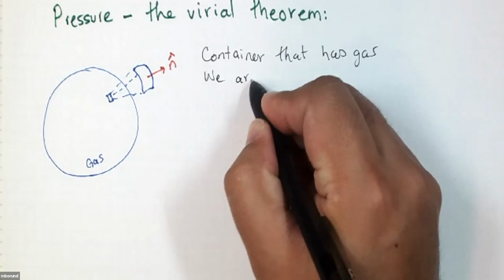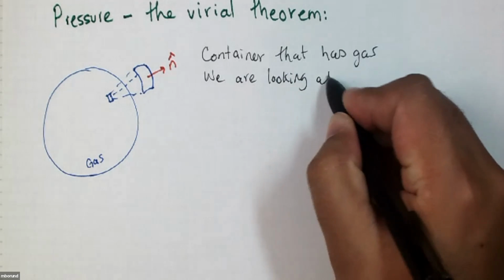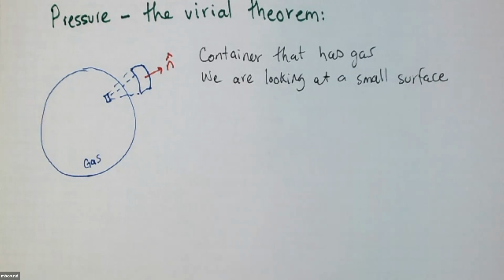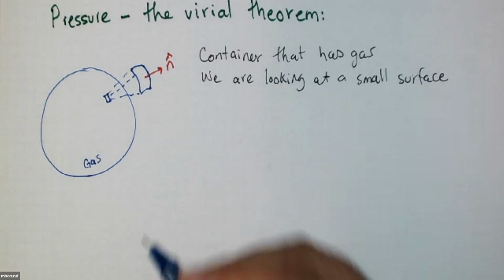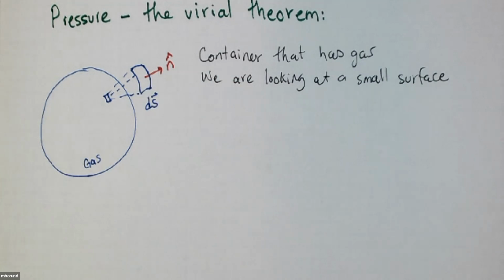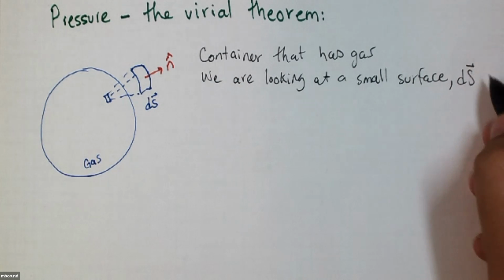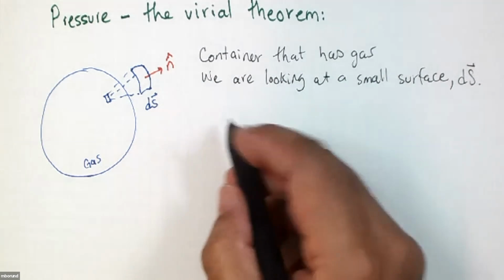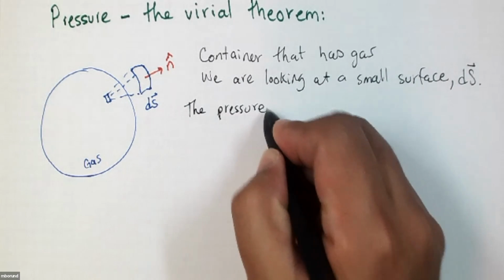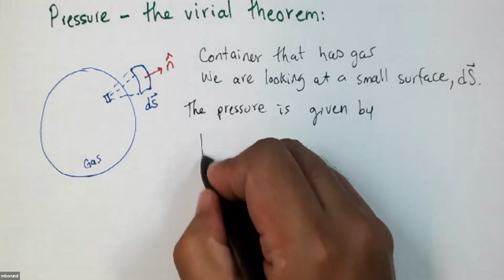So we have a container with gas, and we're looking at a small surface. This surface right here is dS. And we can figure out the force, the pressure exerted on the wall.